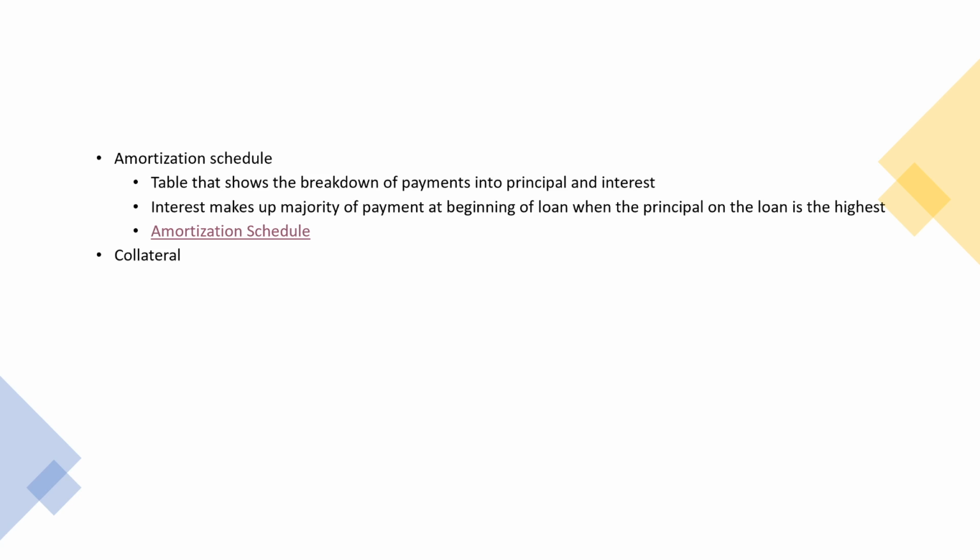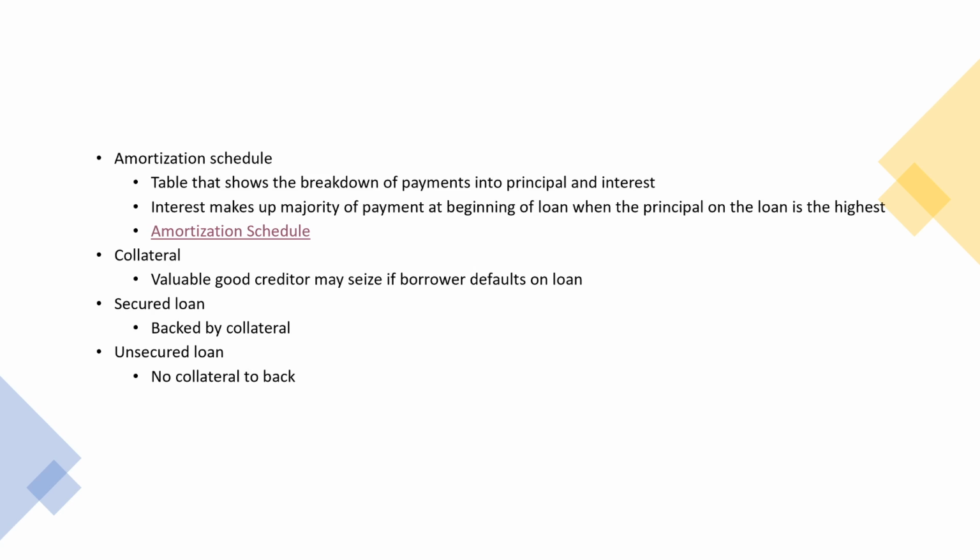An unsecured loan does not have any collateral. So how do you think a lender is going to deal with an unsecured loan? If you were the lender, what would you do if you were making an unsecured loan?